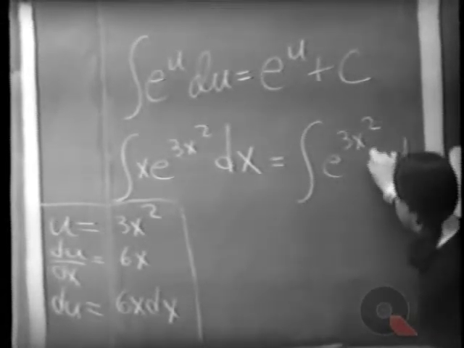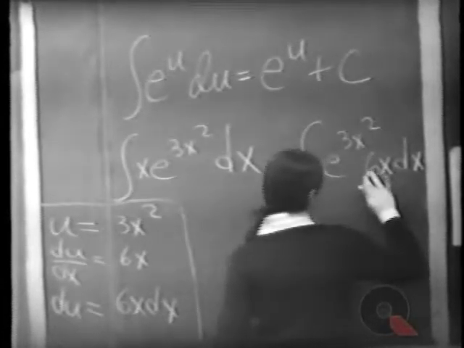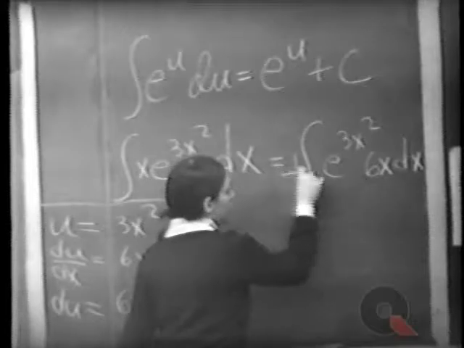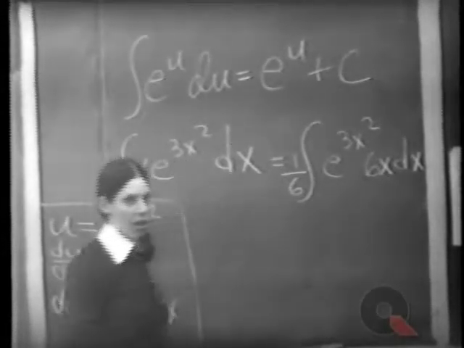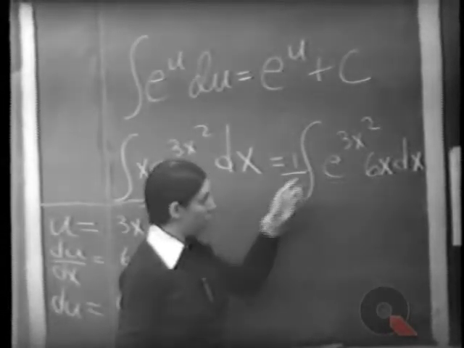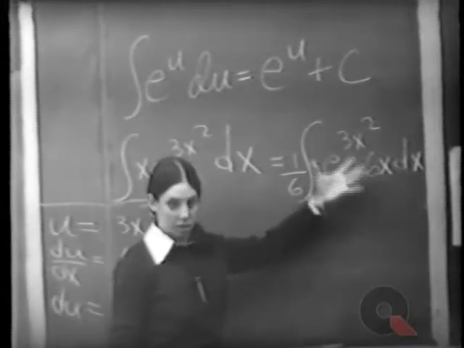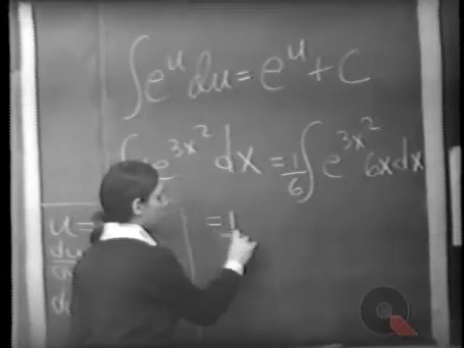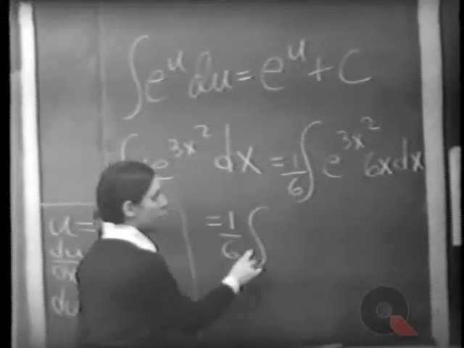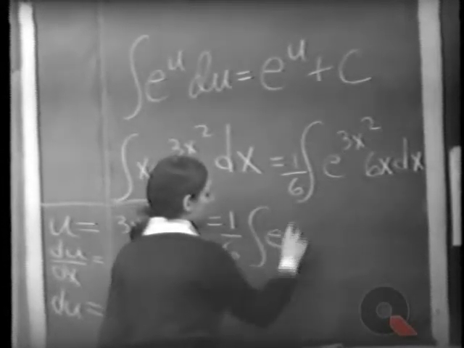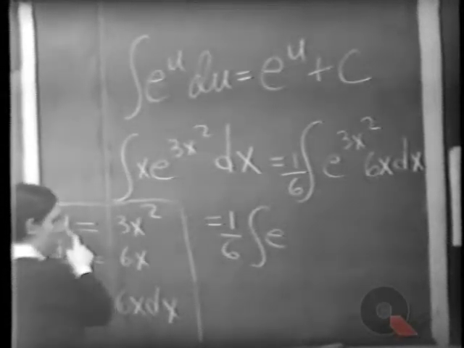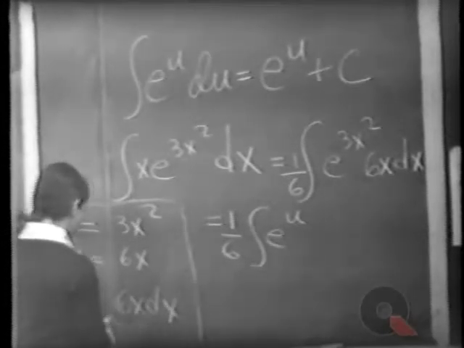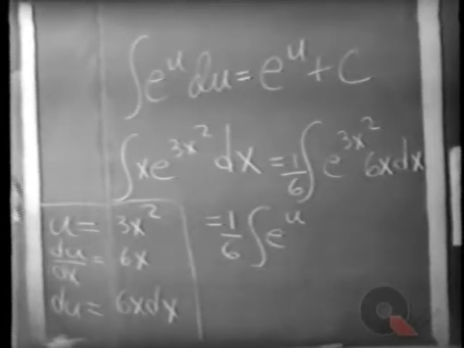So what we're going to do is multiply by 6 inside the integral. And of course, you can't do that unless you pay for it by dividing by 6 on the outside. So your net result is that you multiplied by 1. 1/6 times 6, that's 1. But we've now put this integral in the form 1/6 integral of e to the 3x squared, that's e to the u, 6x dx, that is du.